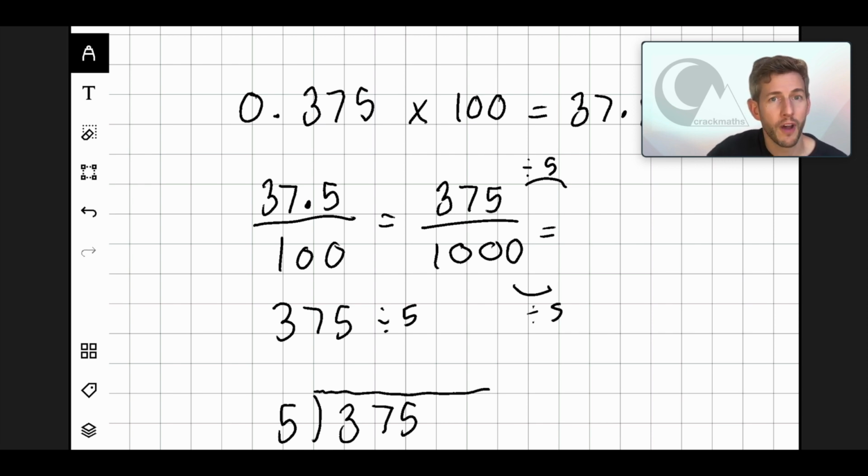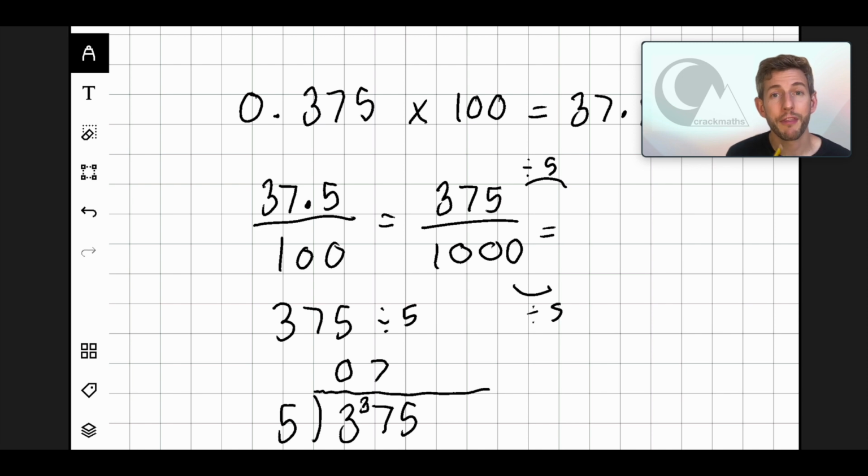Now I know that 5s into 3 don't go, so I'm going to put a 0 up here, and now we're going to carry the 3, and we're going to look at 5s into 37. 5s into 37 go 5, 10, 15, 20, 25, 30, 35. So 40. So 40 is too big. We want 35. So that goes in 7 times. So here we go. I'm going to put a 7 here.